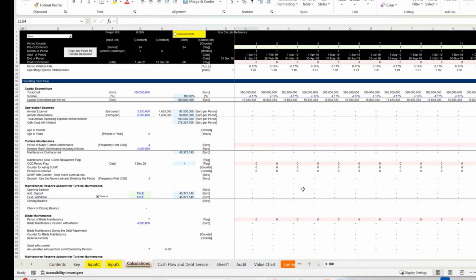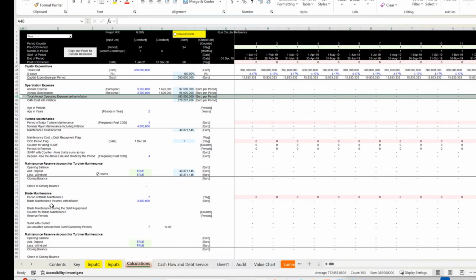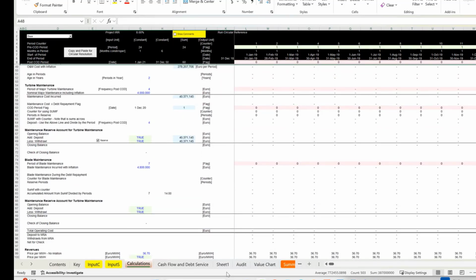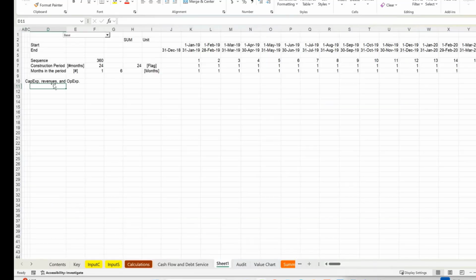Let's take the CapEx and then we'll take the OpEx, and we'll take the revenues from somewhere else too, just so we get some data.